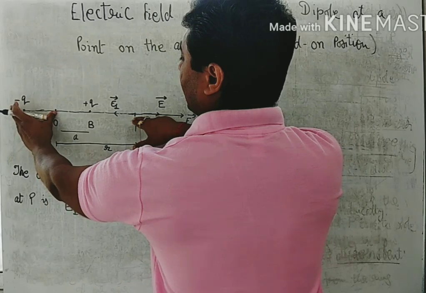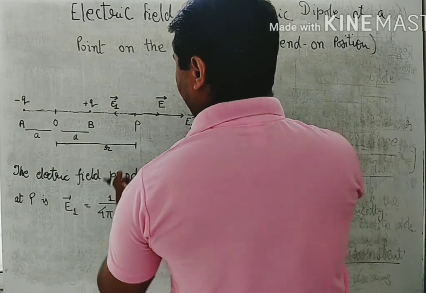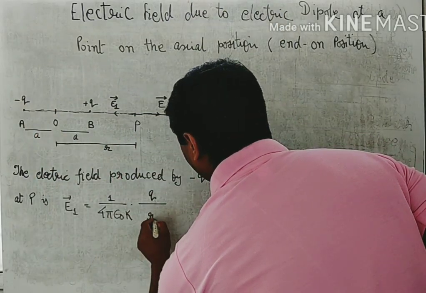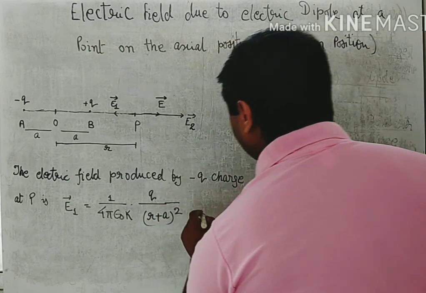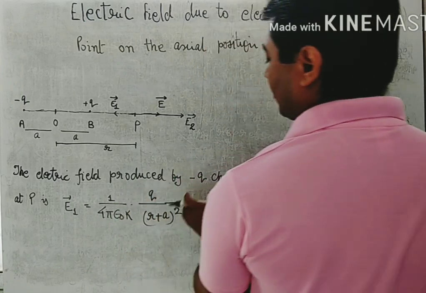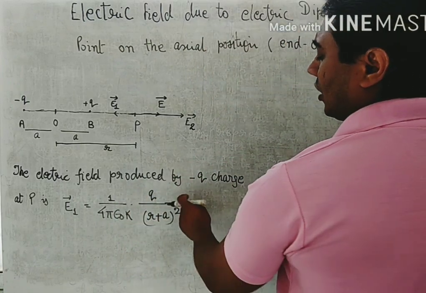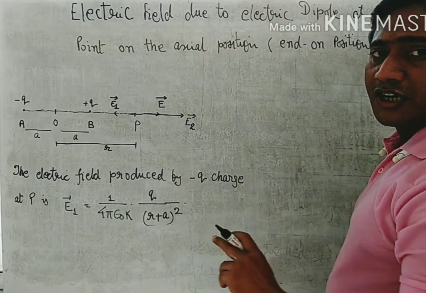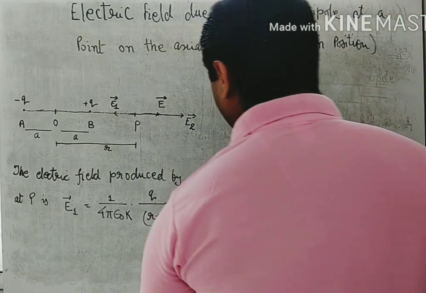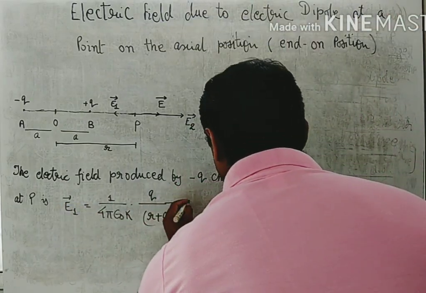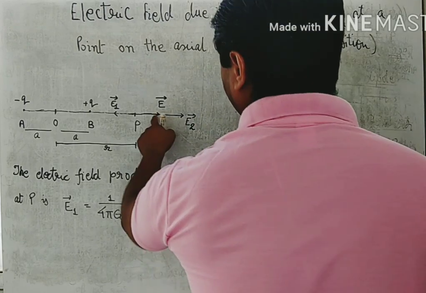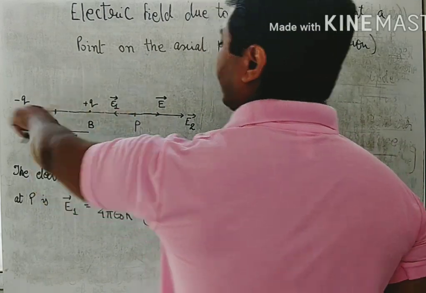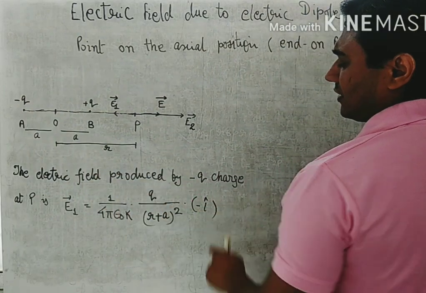It is A plus this R. So we write now R plus A square. Now to make it a vector, we must have a direction. And for that direction, we are multiplying the right hand side by a unit vector. So the unit vector along this E1 will be minus of I cap, as this E1 is along negative x-axis. For that reason, minus I cap.